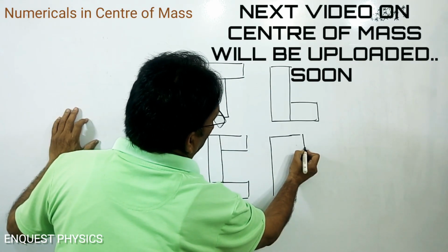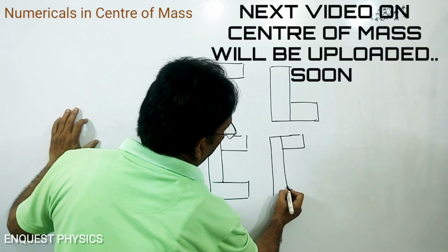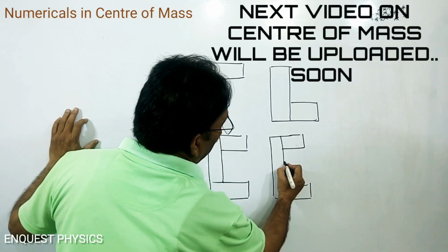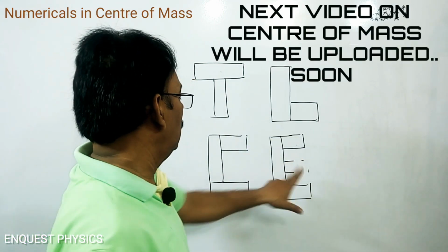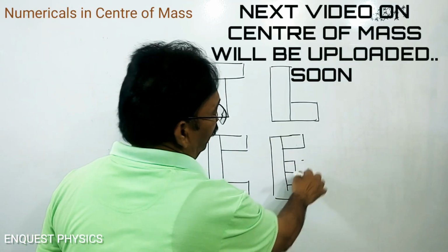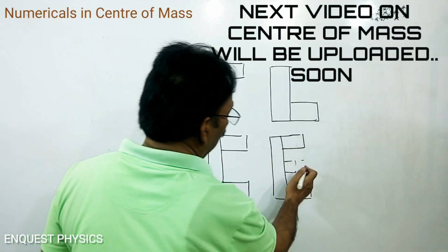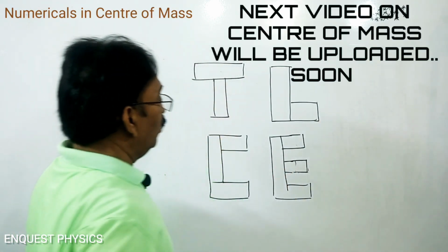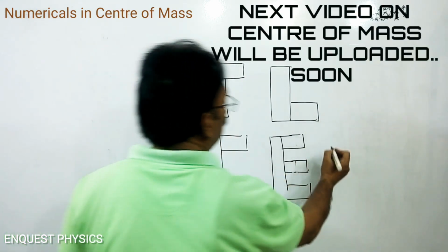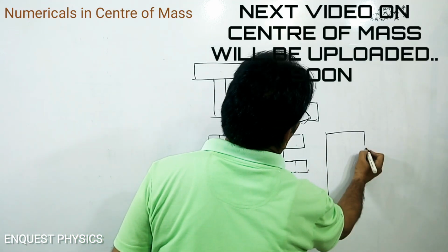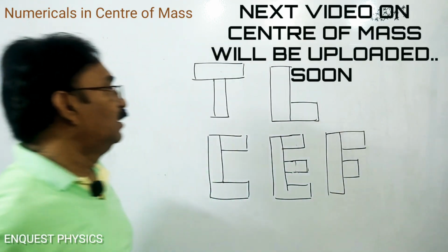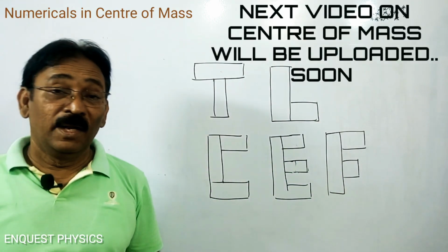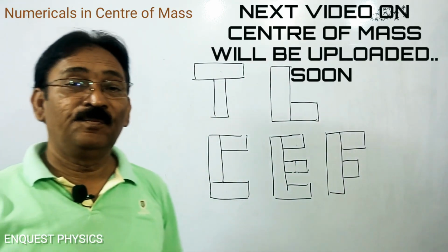If the structure is just like E, in this one we will get two cases, like this, or if it is extended, it all goes with the same concept. Also if the structure is like F. These structures we will learn in the second part of the video, students.